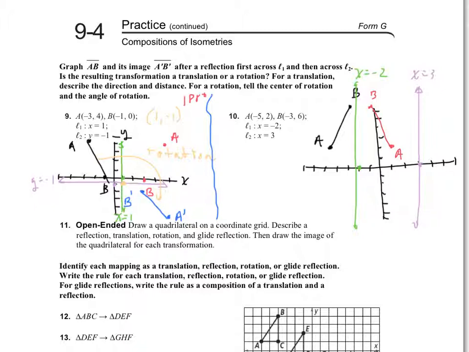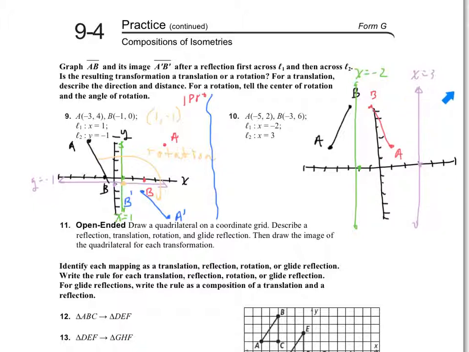Then our final reflection is going to give us A prime and B prime. And so this B right here, well, my graph is not so well spaced apart, but this is 3 units apart here plus 1. So this B has an x value here at -1, so that's 1 plus 3 more makes it 4.